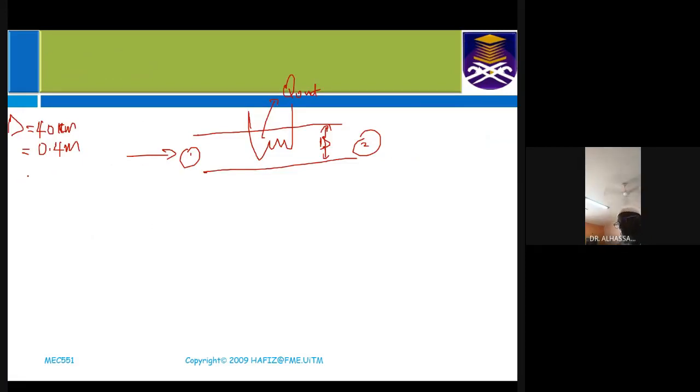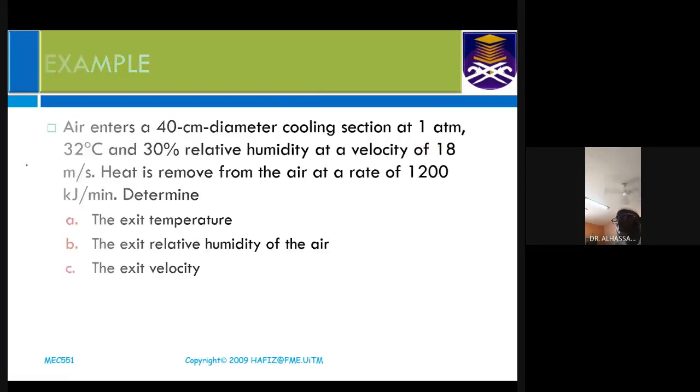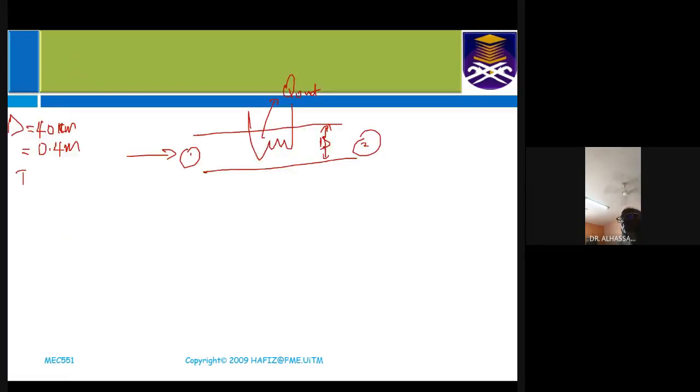So we have the temperature at the inlet, T1 equals 32 degrees Celsius, relative humidity equals 30%, which equals 0.3.